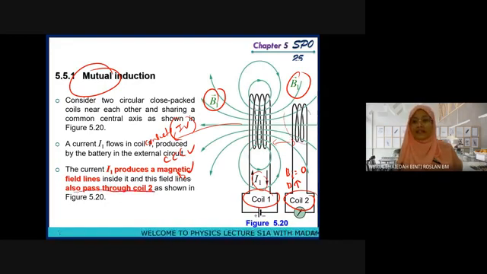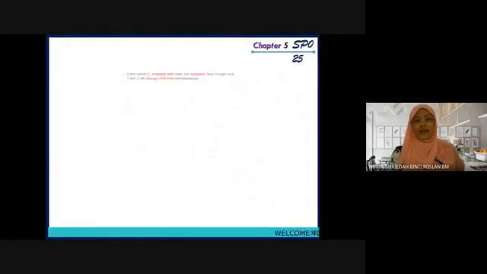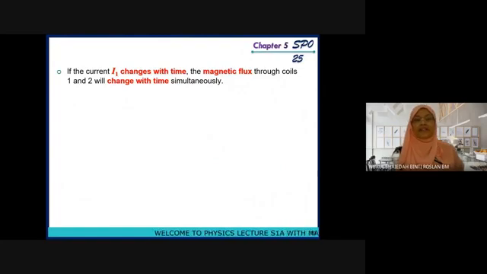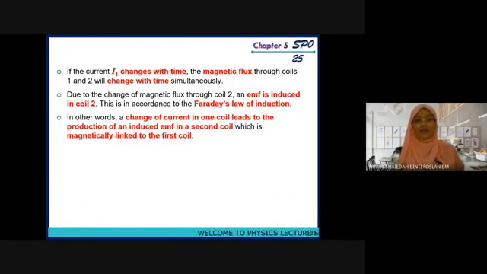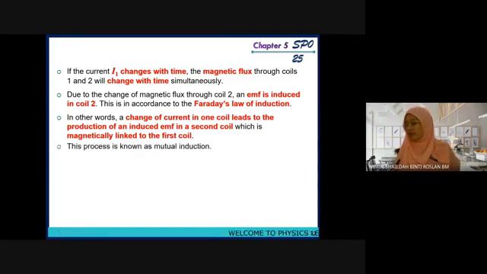So B ni dirasai, nampak ni, yang warna hijau ni dirasa. Okay, so what happened? The current I1 changes with time, so the magnetic flux through the coil, I1 and I2 also change with time.